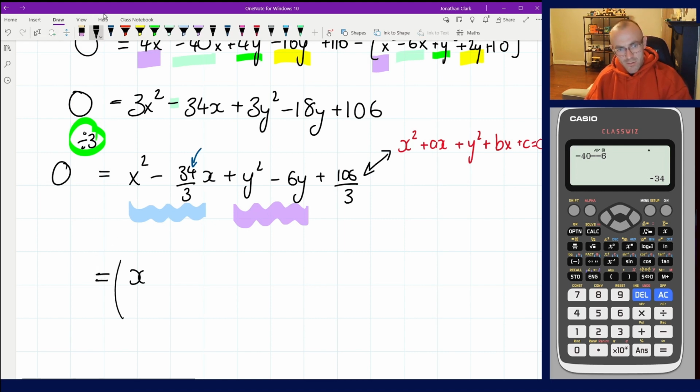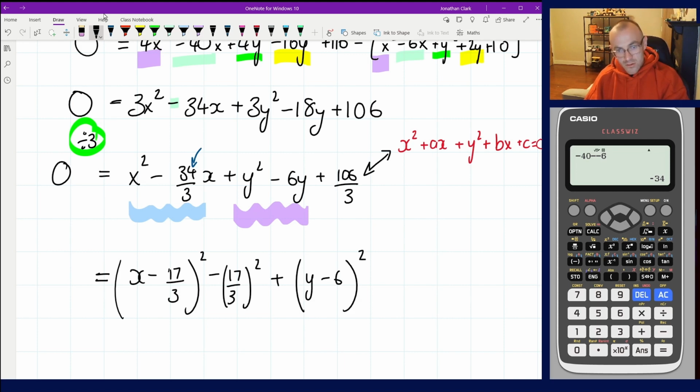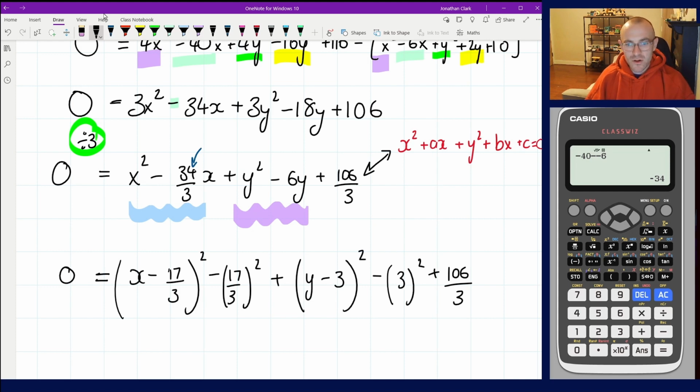X minus half of 34 is 17. Ooh, I didn't half that. Sorry, half of 6 is 3. And it's still equal to 0. Cool.